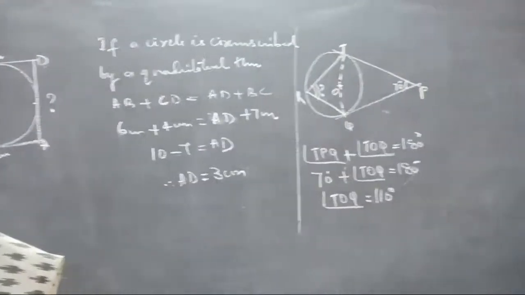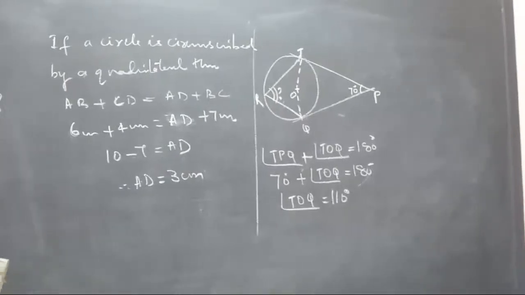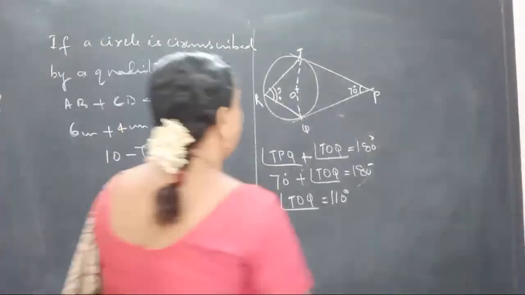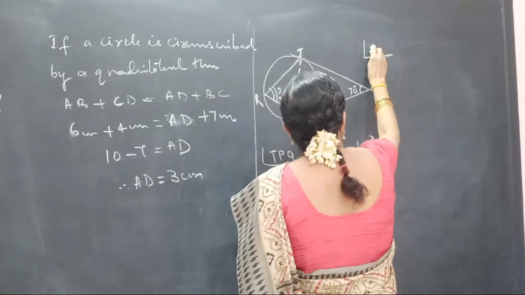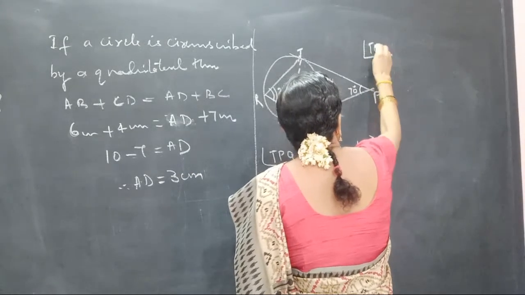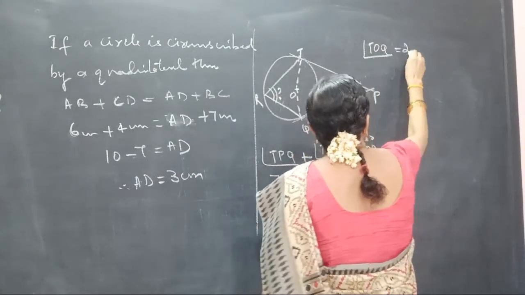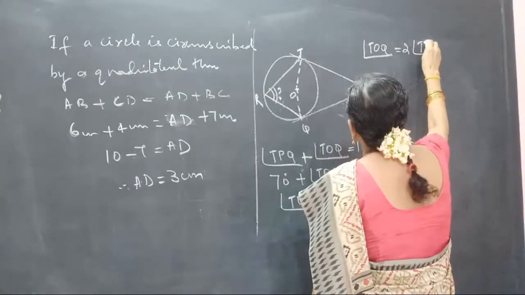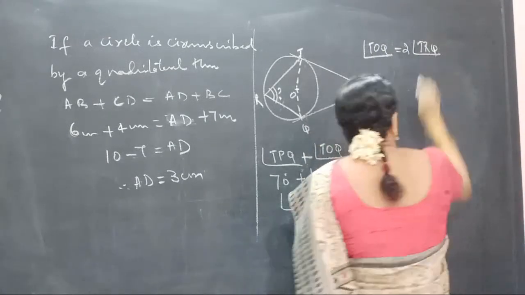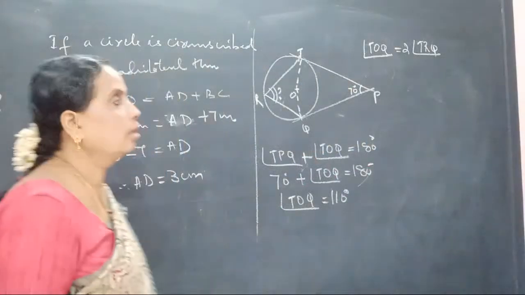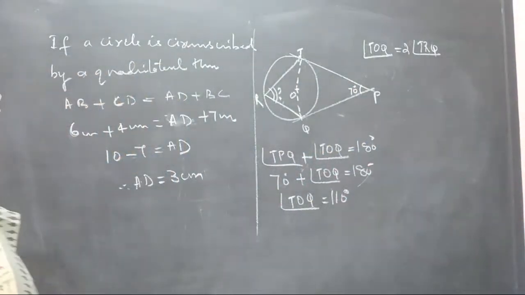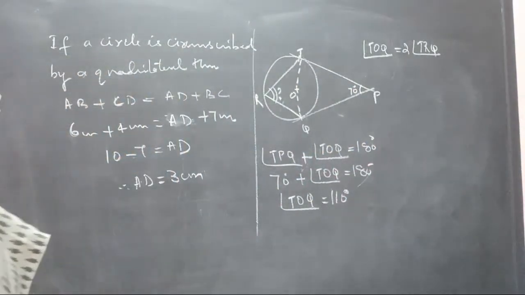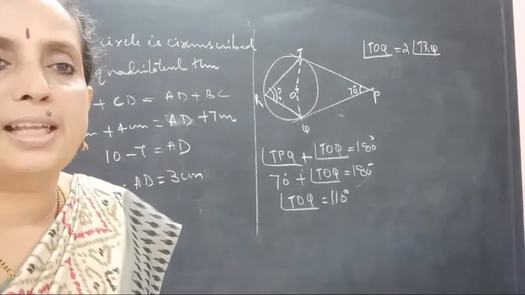Any relation, do you know? What is the measure of angle TRQ? Angle TOQ equals 2 times angle TRQ. Reason? What is the reason?